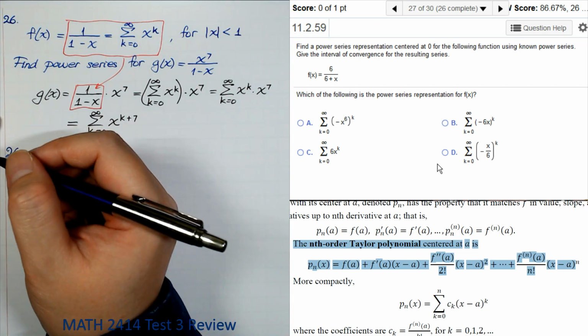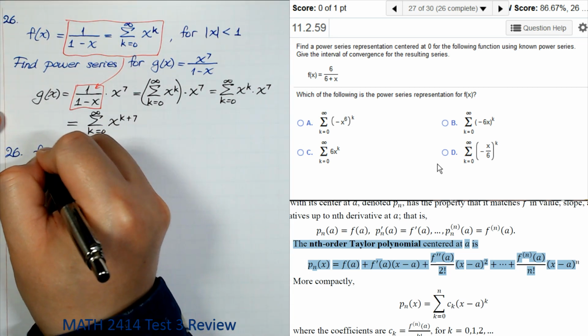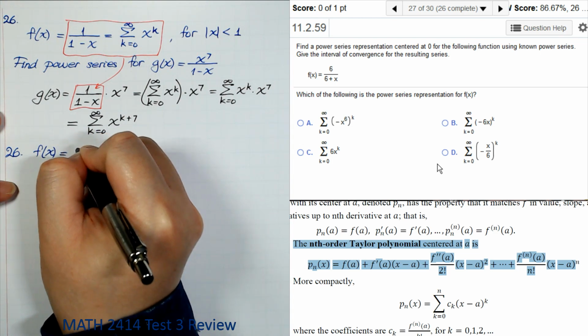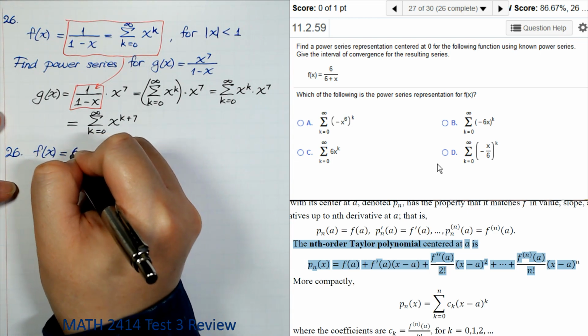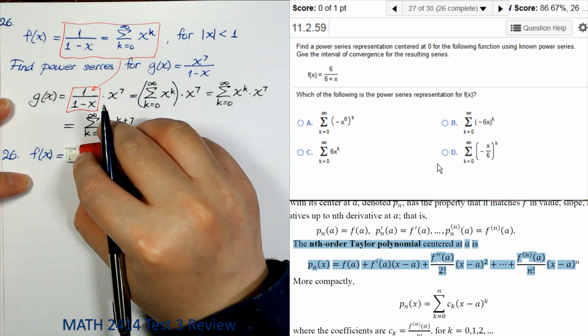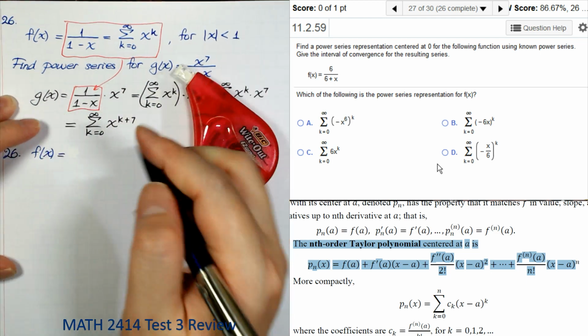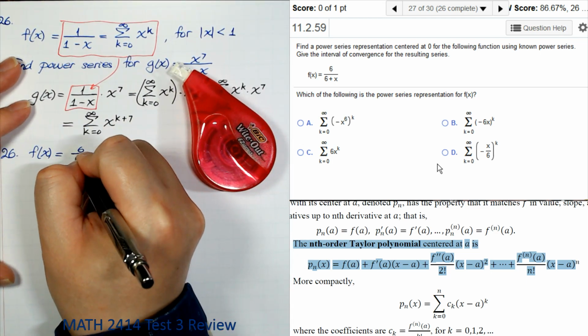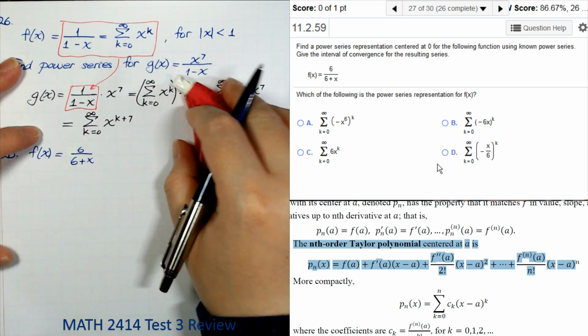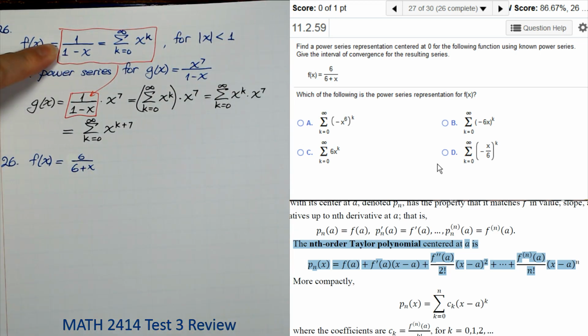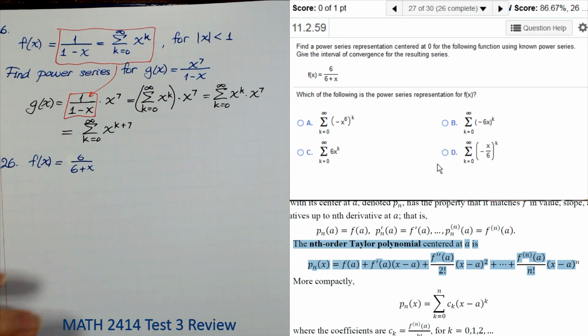Pretty much we do the same thing though. Somehow we have to go back to that. Not exactly, but you get the idea.